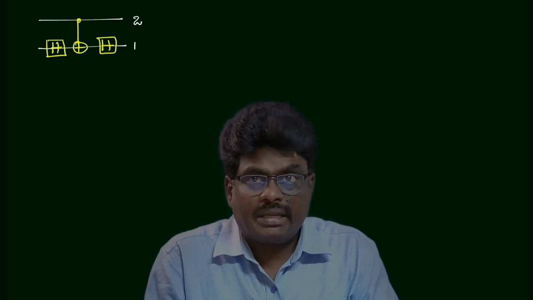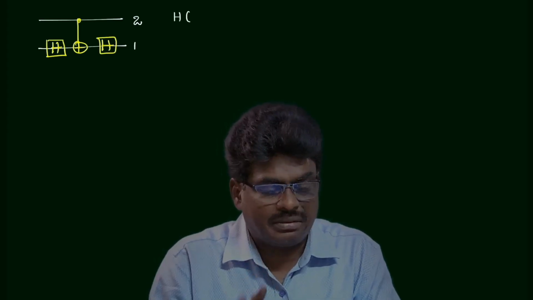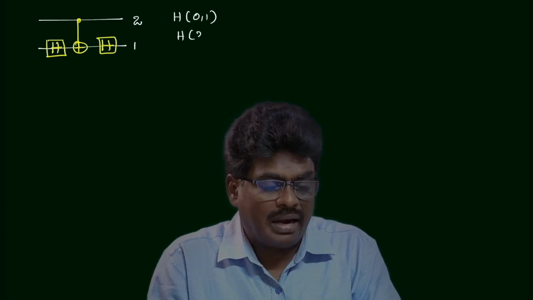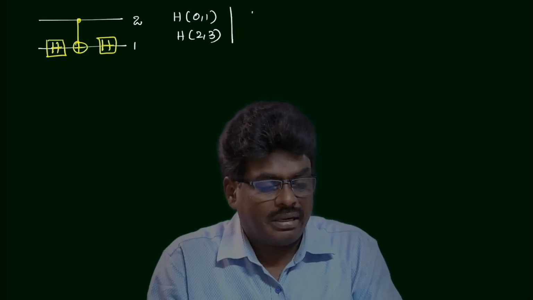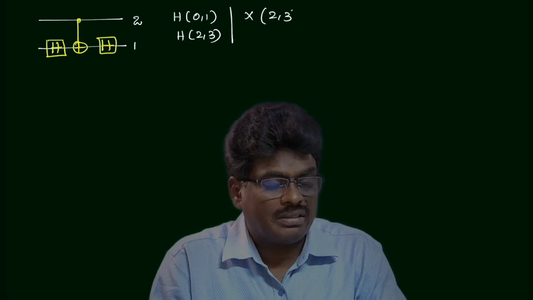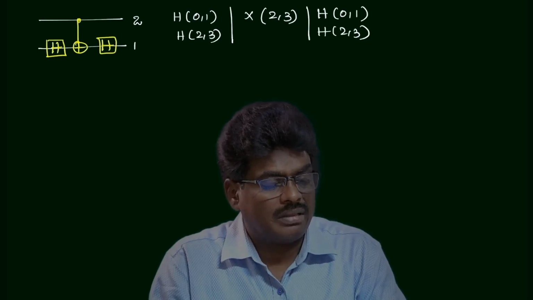So first I am taking left to right operations, that is H of, listen carefully, this is so interesting, 0 comma 1, and you have to add 2, that's why 2 comma 3. Next control, I mean X, this is the C naught, 2 comma 3, and next Hadamard again, 0 comma 1 and 2 comma 3.